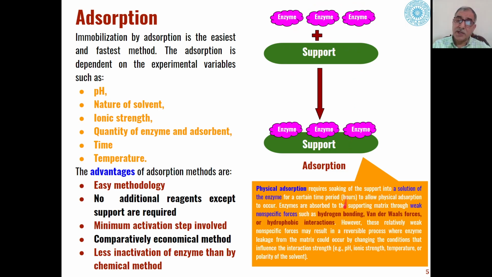And this can be done if we change any of these variables like pH, ionic strength, temperature, or purity of the solvent. So, by changing these, we can either adsorb the enzyme on the support, or we can desorb the immobilized enzyme into native enzyme.